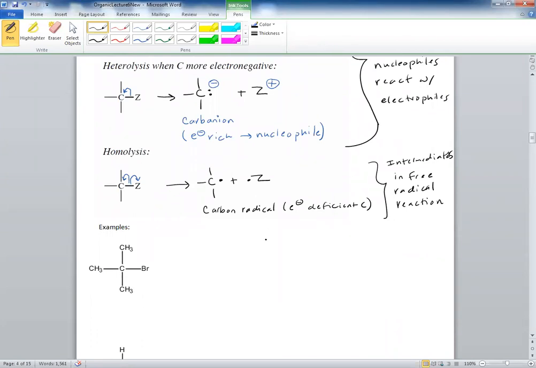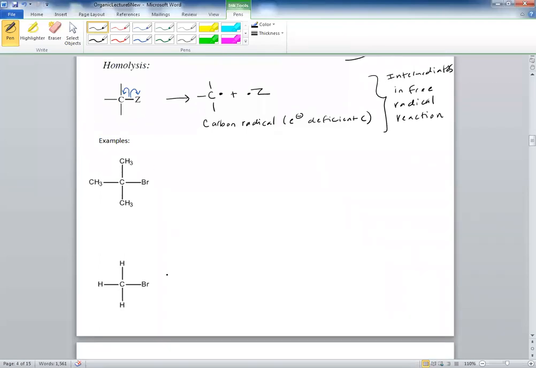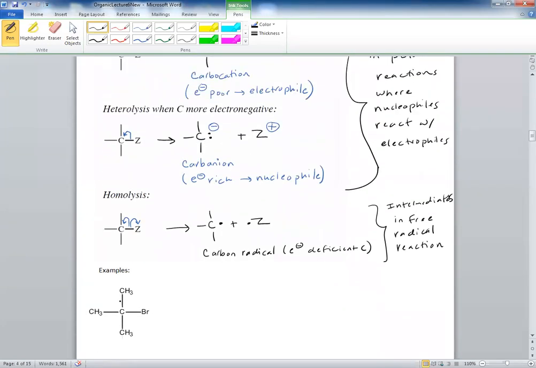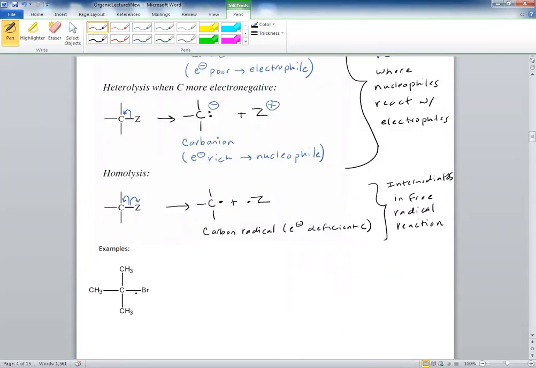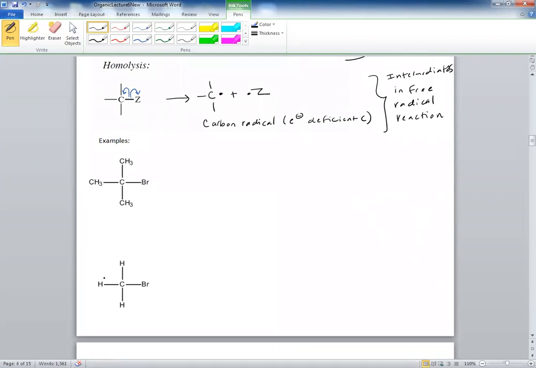So absorb this, because when we come back in the next video, I will be able to apply. You should be able to apply now, let's say, heterolytic bond cleavage on this one and a homolytic bond cleavage on the next one.